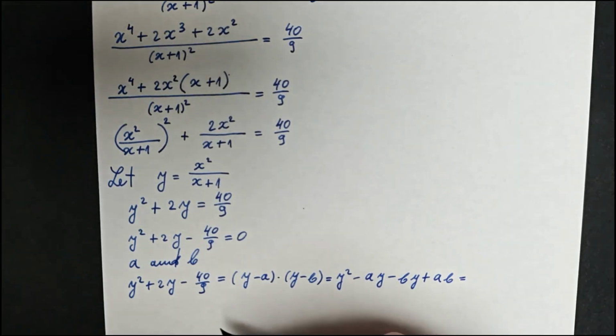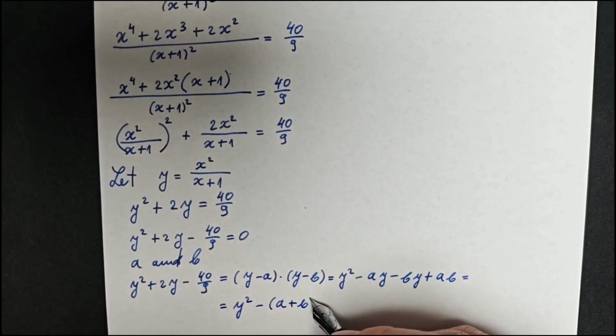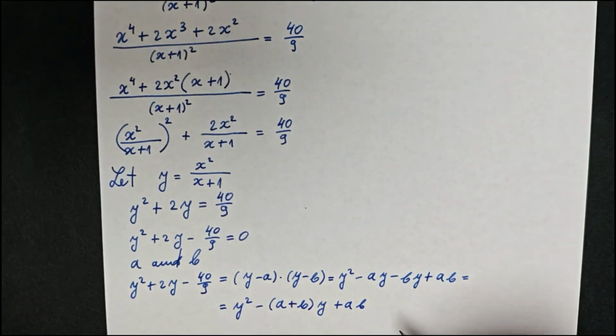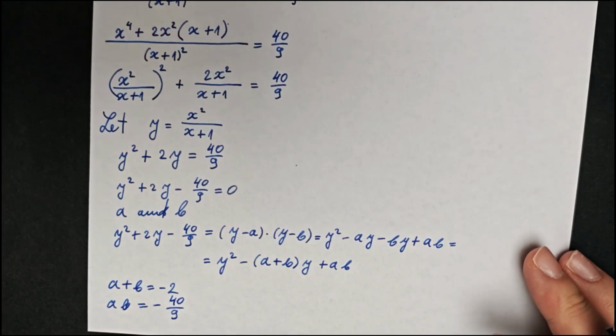This is then equal to y² minus (a+b) multiplied by y, and plus ab. As you can see here, y² corresponds to y², y corresponds to y, so a+b has to correspond to −2, and a multiplied by b has to correspond to −40/9.